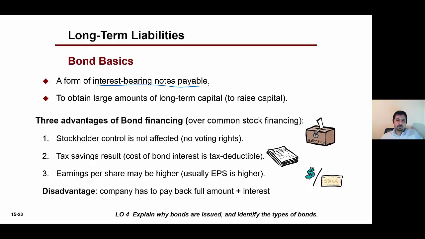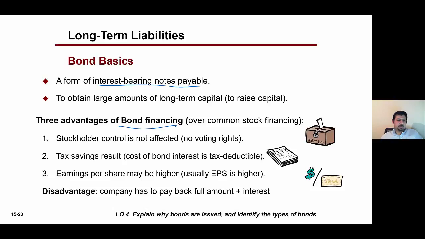When companies want to raise capital, one of the two main ways of doing that is that they would either issue bonds or issue stocks. Issuing bonds has several advantages over issuing common stock. This is called bond financing, when they raise capital by issuing bonds.